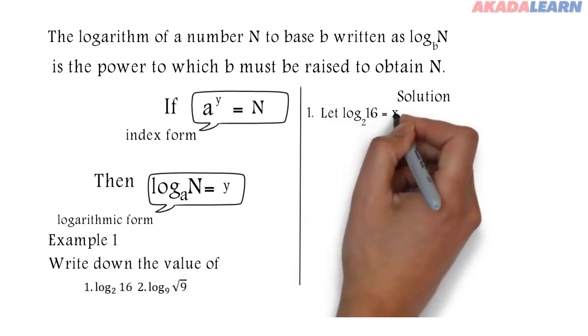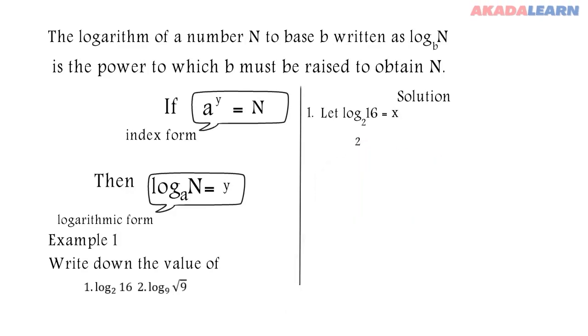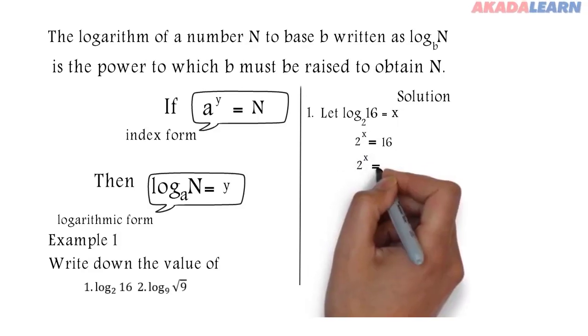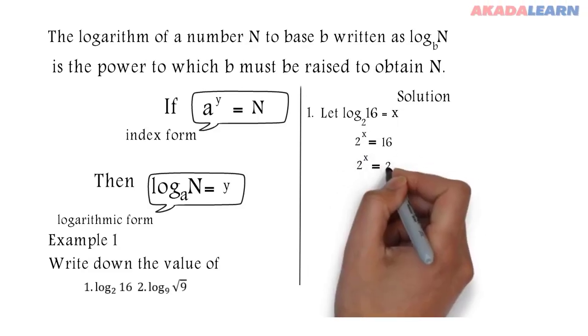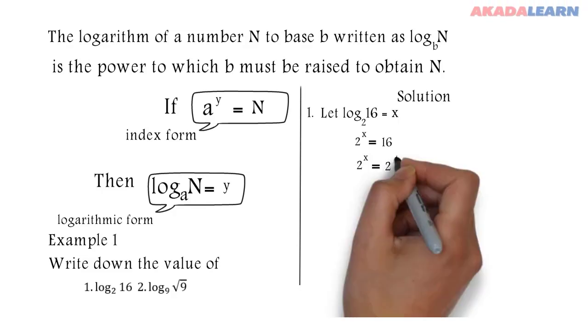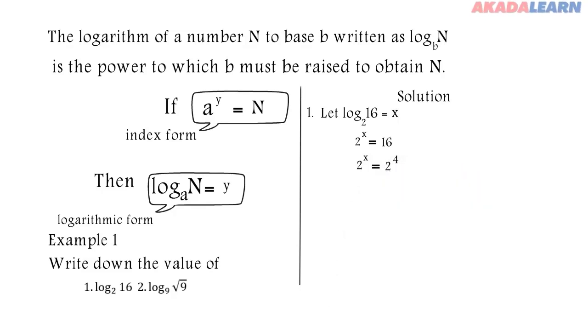We will now convert it to index form by saying 2 raised to the power of x is equal to 16. Since we have 2 as the base on the left hand side, we are going to write 16 as 2 raised to the power of 4. Since the bases are now equal, we can equate the powers. So our x is equal to 4.